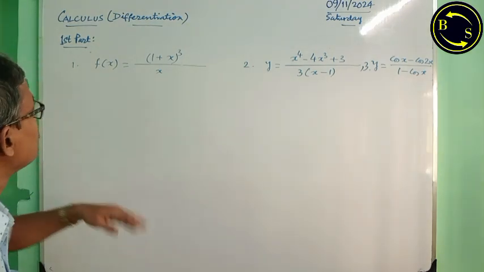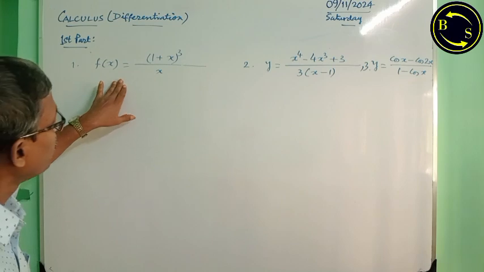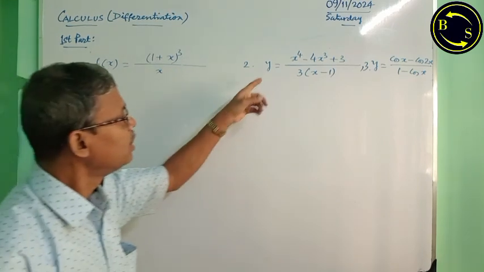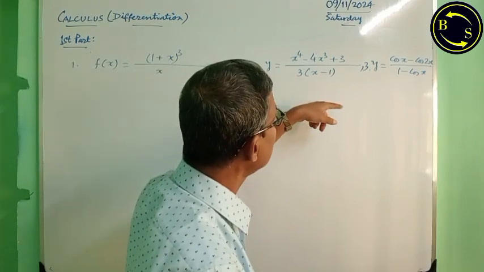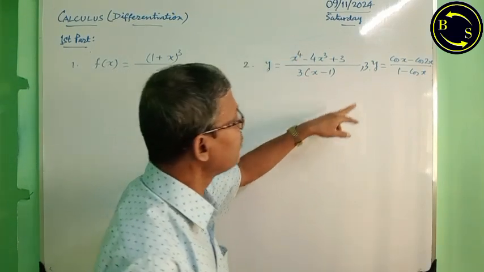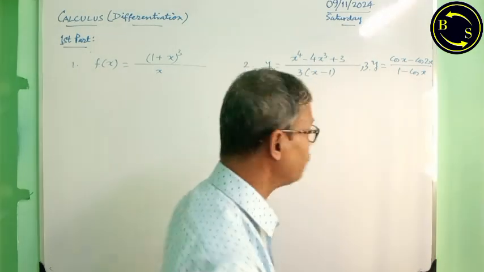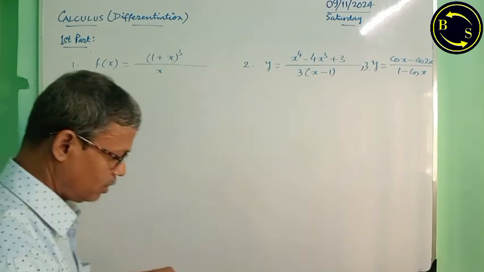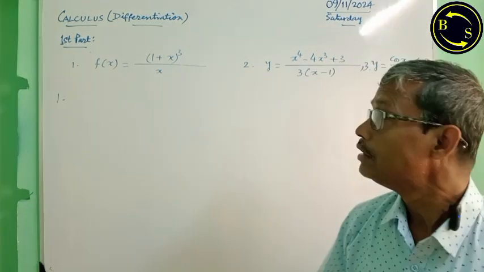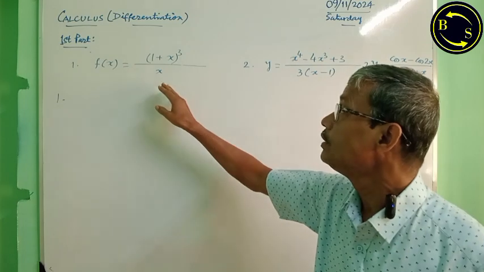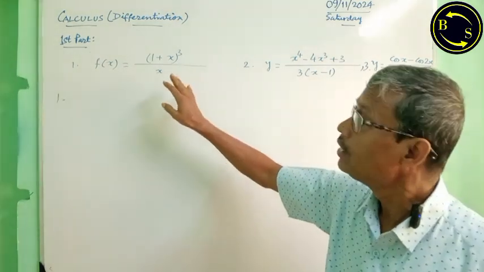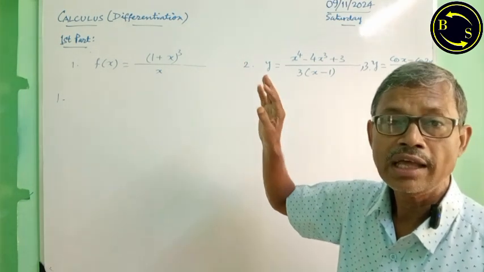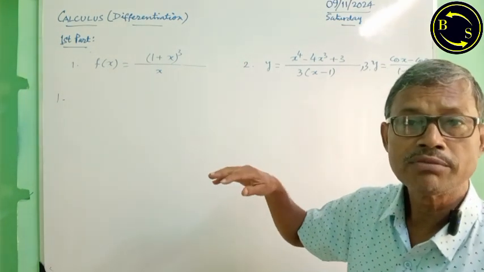I have taken three sums. First of all, f(x) equal to (1 plus x) whole cube divided by x, that is quotient form. Second one, y equal to this one, also quotient form, and third one is also of quotient form. In such cases, if we find the given function is of quotient form, then first, if possible, we simplify. Then apply fundamental theorems.